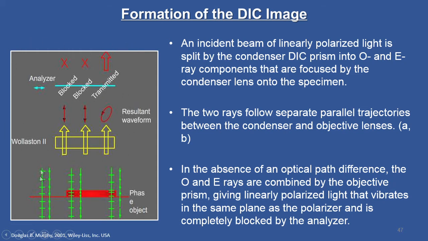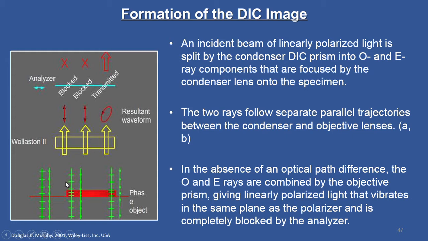These are the two rays coming from the beam splitter, or Nomarski prism. Then you have this object, a phase object, and let us assume that there is no optical path difference felt by these two rays.